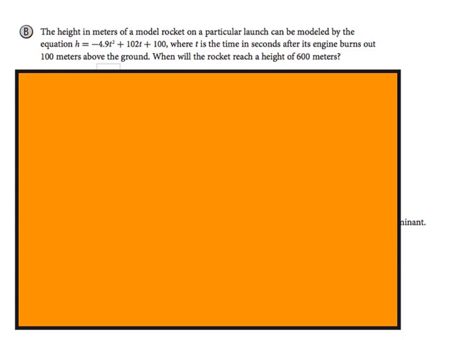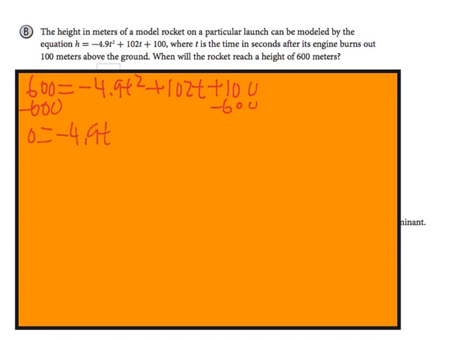When will the rocket reach a height of 600 meters? So that means that you must set this up as 600 equal to negative 4.9 t squared plus 102t plus 100. So subtract 600 from both sides. So we're going to have 0 equal to negative 4.9 t squared plus 102t minus 500.